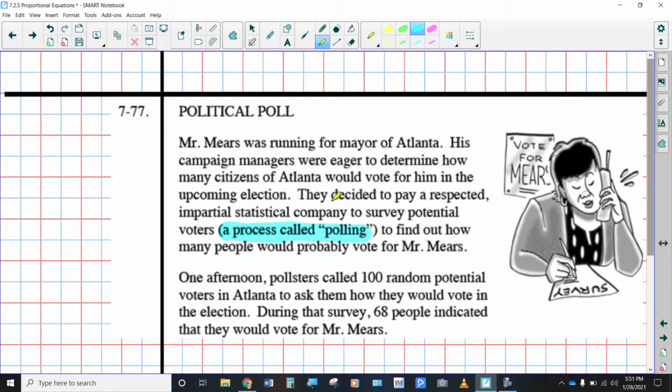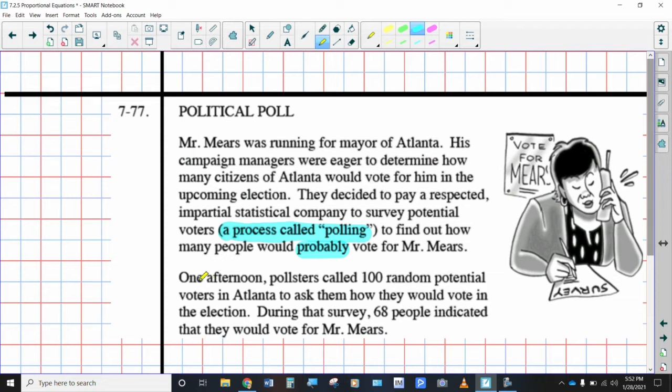So they are going to find a company that's going to do the polling to find out how many people would probably vote for Mr. Mears, because as you know, when you do this polling, it's all based on proportional reasoning, and we think the theoretical probability is going to come close to matching the experimental probability. Well, this is an example of experimental probability.